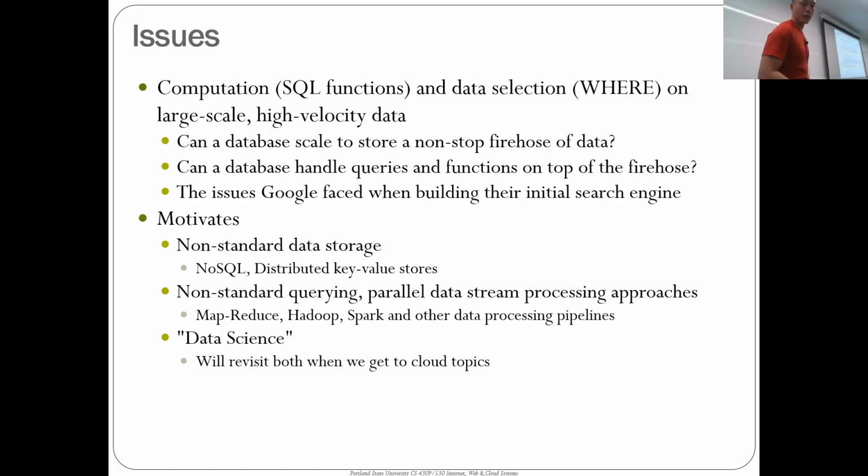So in their case, there's this paper on the Google File System, which talks about the design of a data backend that rips out all of the things that you would normally have for SQL. It also forced them to do non-standard querying and parallel data stream processing. Like, you couldn't just with a single thread go and find the average of all the data, because you're basically going to walk through all of the data using a single thread.